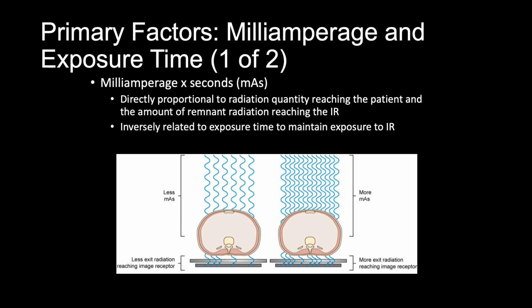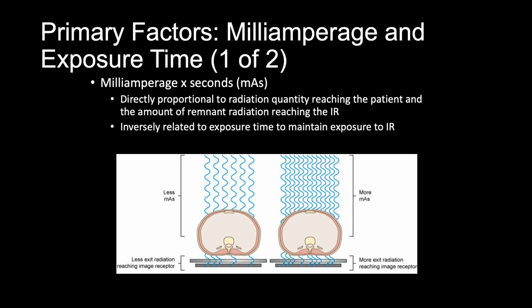Conversely, when the quantity of X-rays is decreased, the exposure to the IR decreases. Therefore, exposure to the IR can be increased or decreased by adjusting your mAs, which is the amount of the radiation.